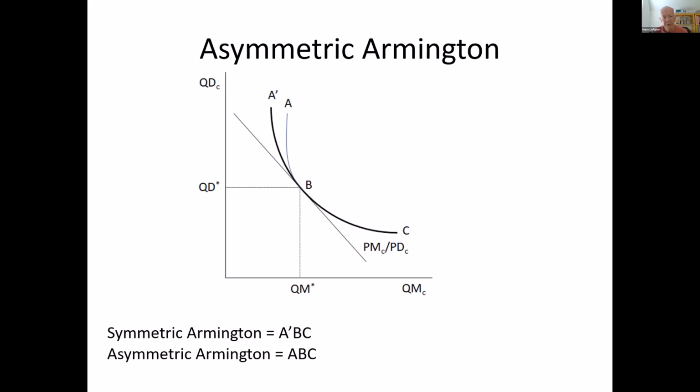If you start out at B for the symmetric case and have an increase in your import prices relative to the domestic prices, you will move up along the bold curve, and for the other case along the thinner one. As you can see, it will be more difficult to switch toward imports in the asymmetric case. On the other hand, if you had a decrease in the import price, it would be the same for the two cases.